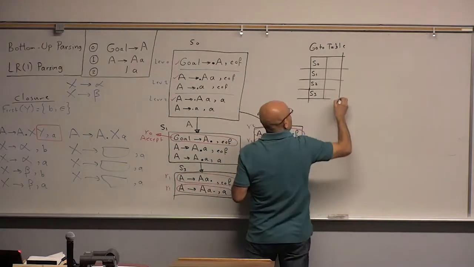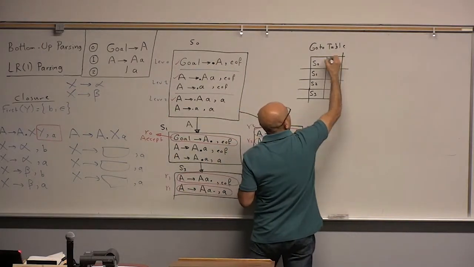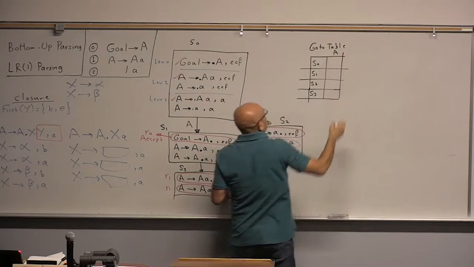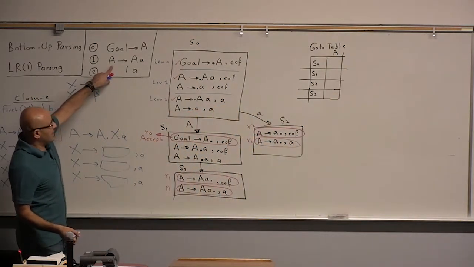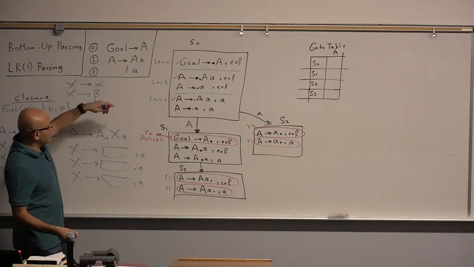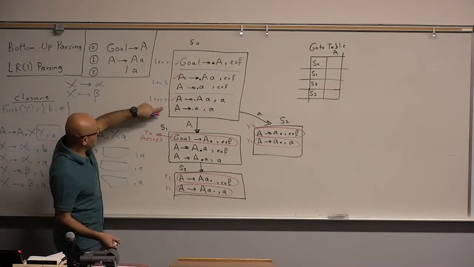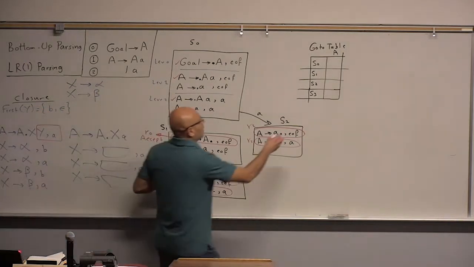The columns are going to represent non-terminals, and in this grammar, the only non-terminal is an A. The only valid transition is that if I am in S0 and I get an A, I go to S1.